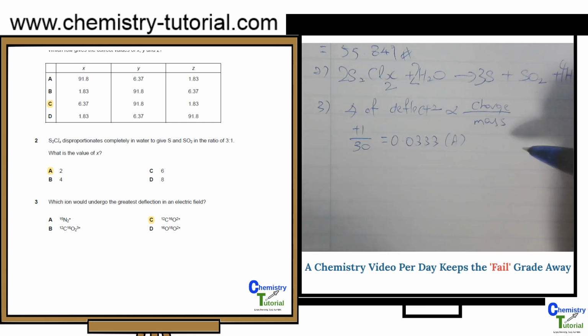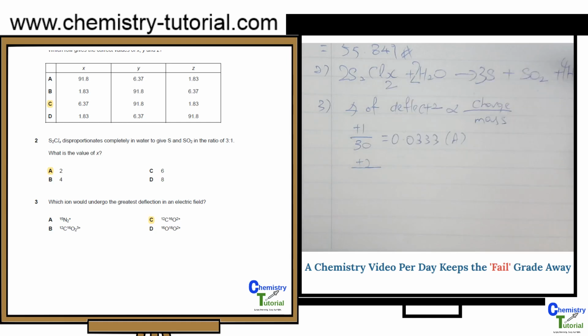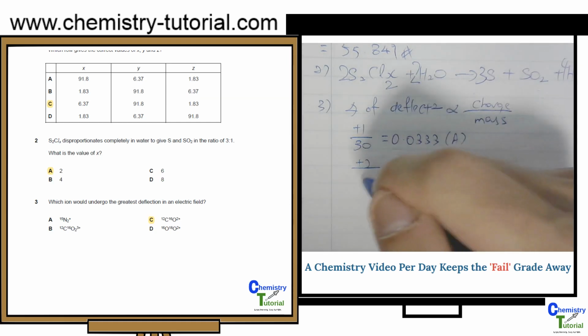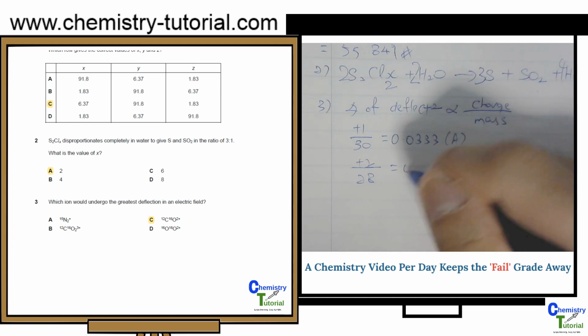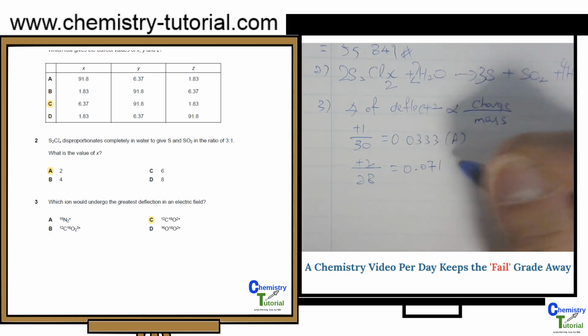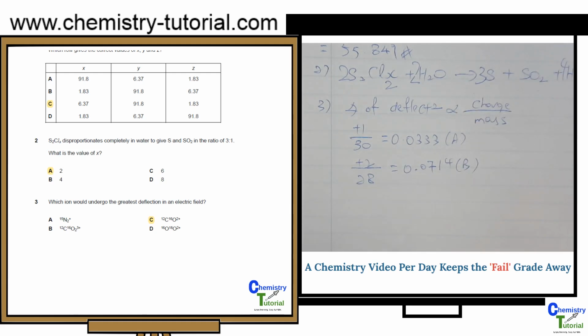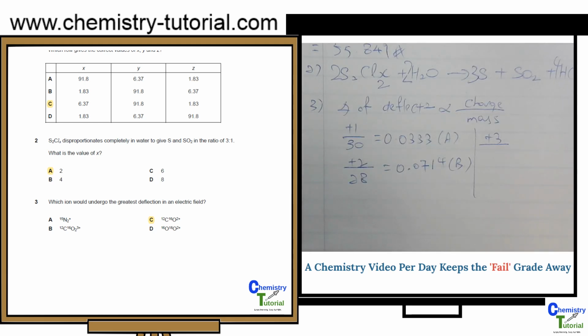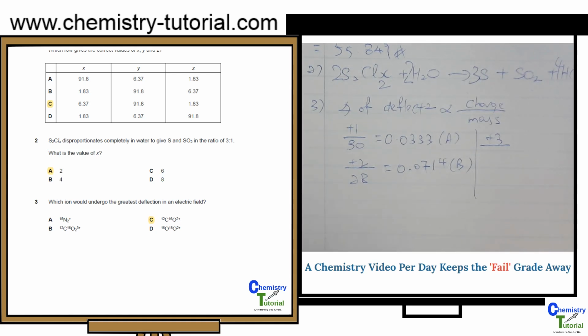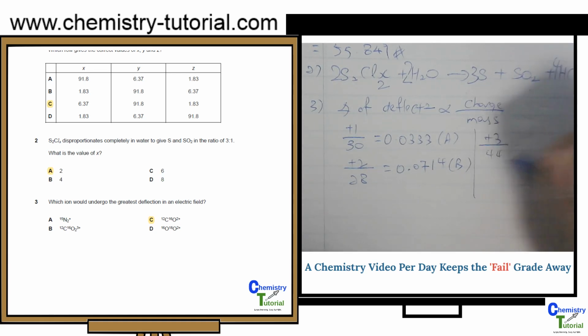For option B, we have +2 over the mass of CO, which is 12 plus 16, which is equals to 28. So 2 divided by 28 gives us 0.0714. That's for option B. Now for option C, we have +3 over CO2, which is 12 plus 16 times 2, gives us 44.